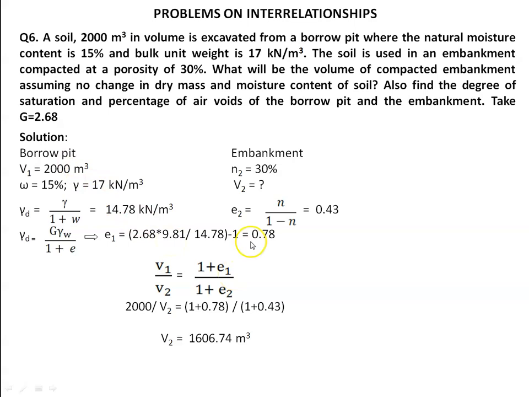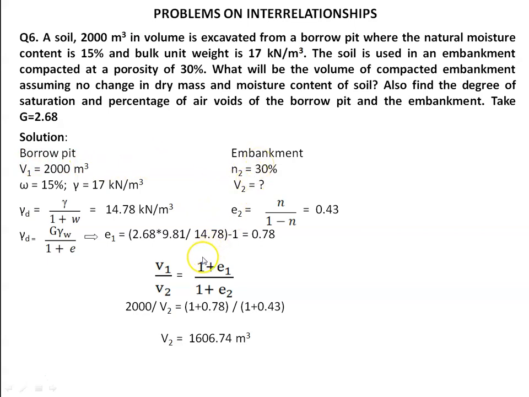Then for the embankment soil, since the porosity is given, we can estimate the void ratio using the equation N by 1 minus N. So now we know the void ratio corresponding to both the states of soil, that is in the borrow pit as well as the embankment.